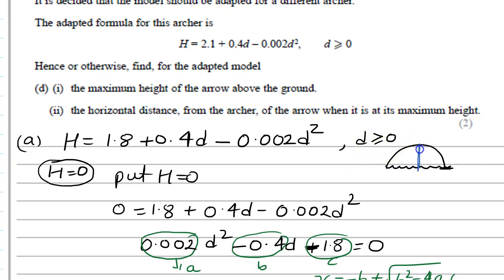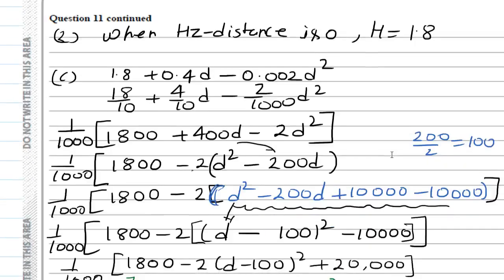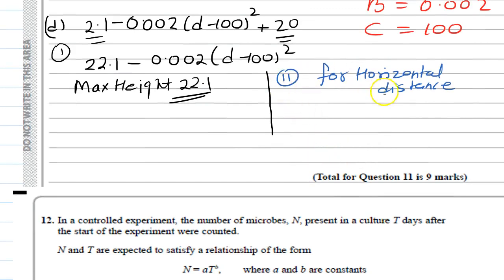For this maximum height, because this equation is different, we'll put d minus 100 equal to 0, and we'll put d is equal to 100. So horizontal distance d will be 100. Okay, so these were very small questions.